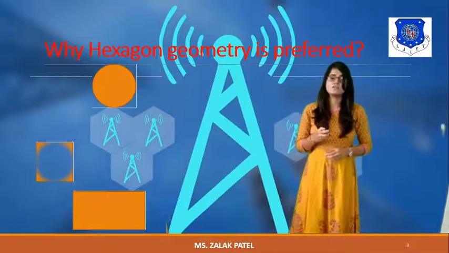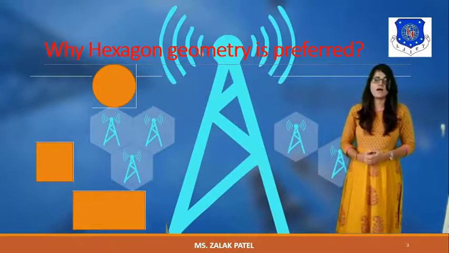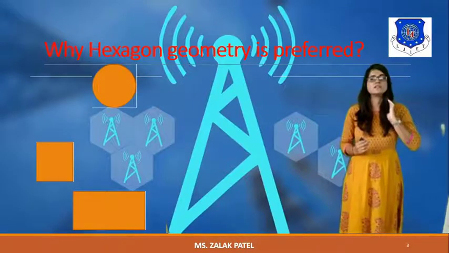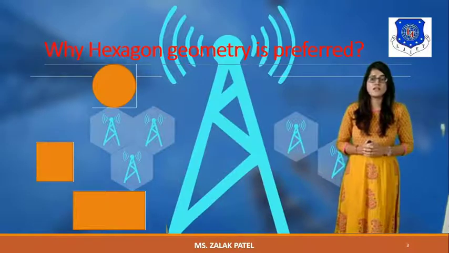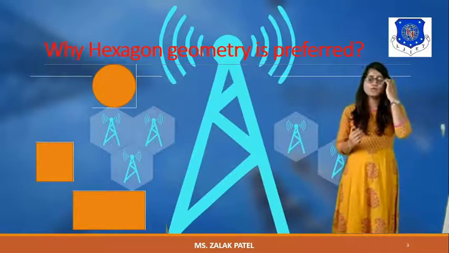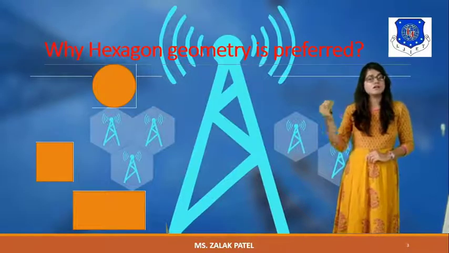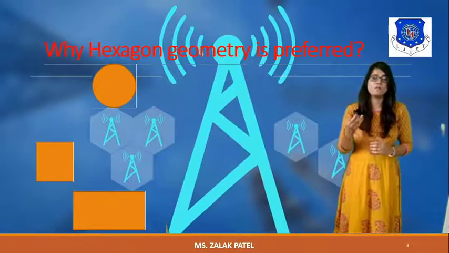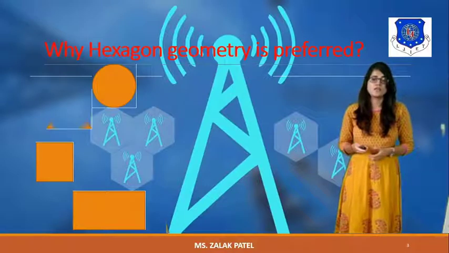Now we take another case, the square. In the case of the square also, the area covered is given by A square, meaning side square. Both cases are not desirable, because the area covered in the rectangle and in the square is comparatively small compared to the circle. So we cannot take these two cases.